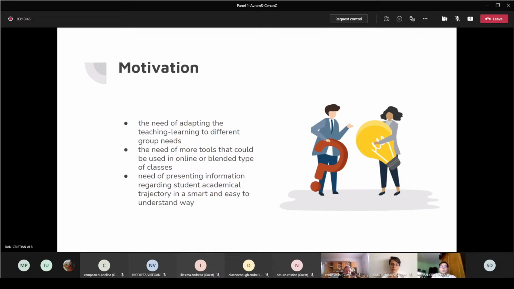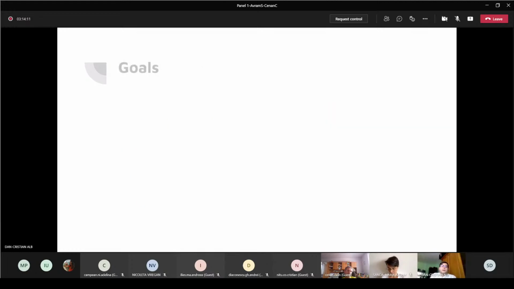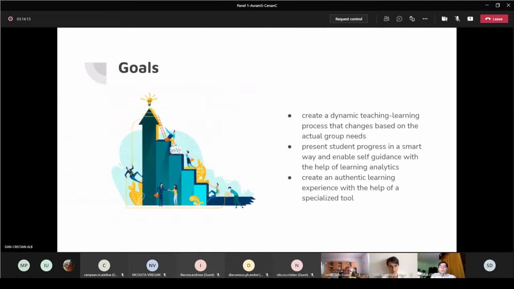We also need more tools that could be used in online or blended classes, since the pandemic really influenced the way teaching and learning takes place now, be it online or blended, and rarely in class. And we also need to present information about the academic trajectory of a student in a smart and easy to understand way.